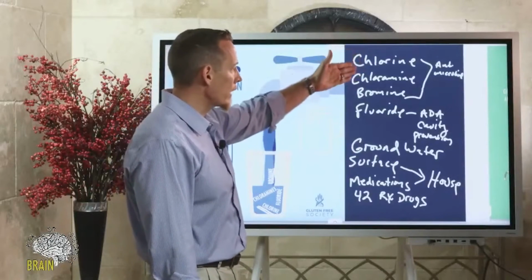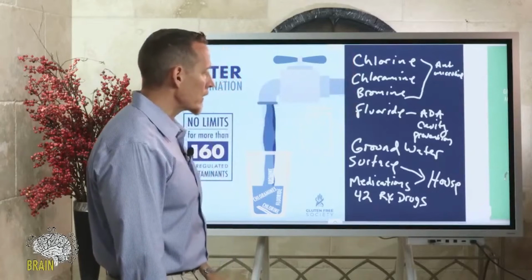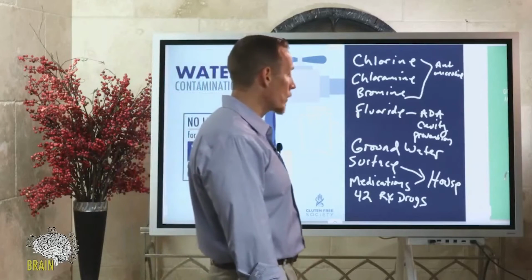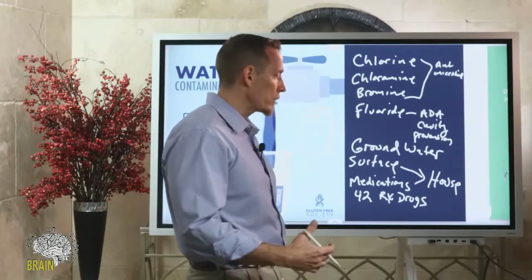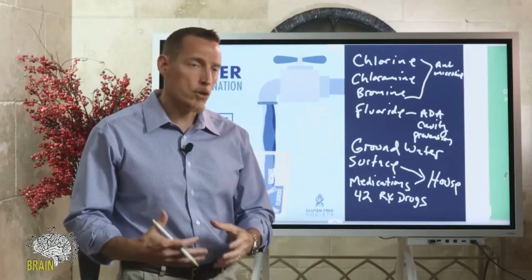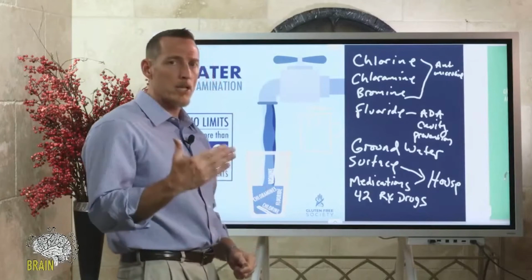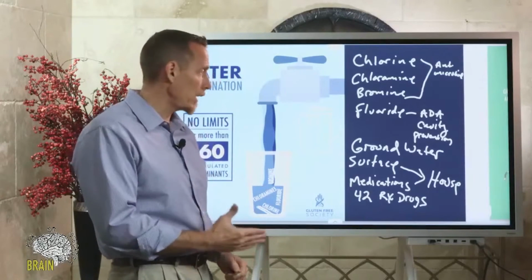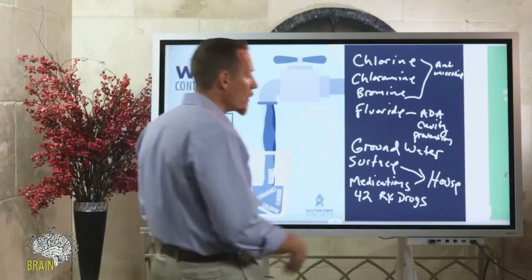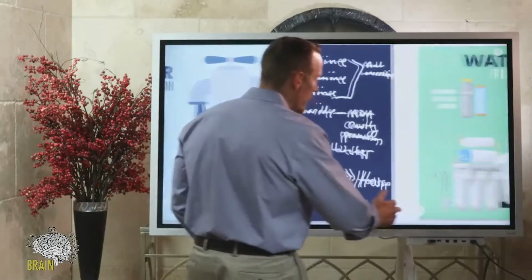You're probably not going to find these things, right? But you might find other contaminants in well water also. So just because you have a well doesn't necessarily mean that well water is always going to be safe. So you should check. My advice is, if you have a well, check that water once a year. Make sure contaminants aren't showing up in it. And if you don't have a well and you live in the city, you definitely need to get filtration in place.